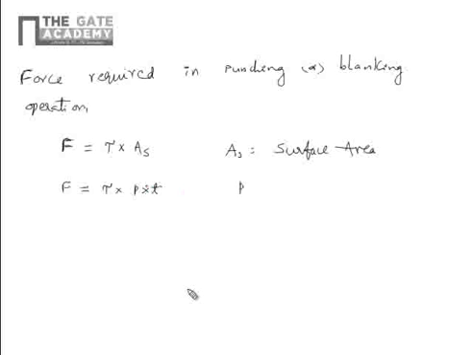P is the perimeter of the sheet, t is the thickness of the sheet.